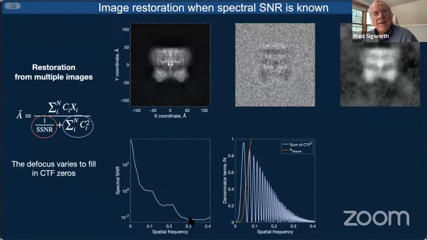Now, here's why low frequency information is so important. This is a power spectrum. This is the signal to noise ratio as a function of spatial frequency of the original object. And you can see there's a huge amount, 1,000 times more spectral density at low frequencies than at high frequencies.